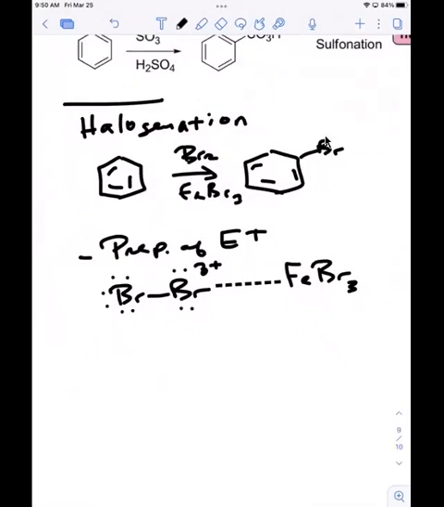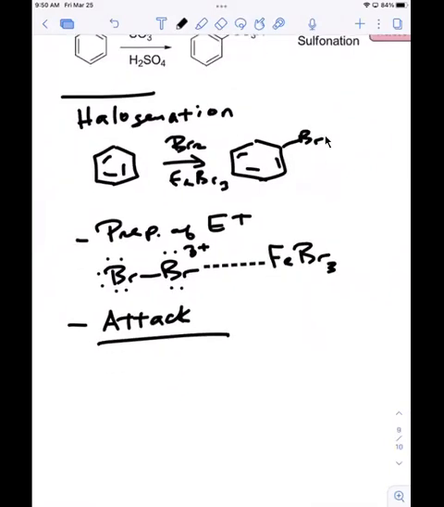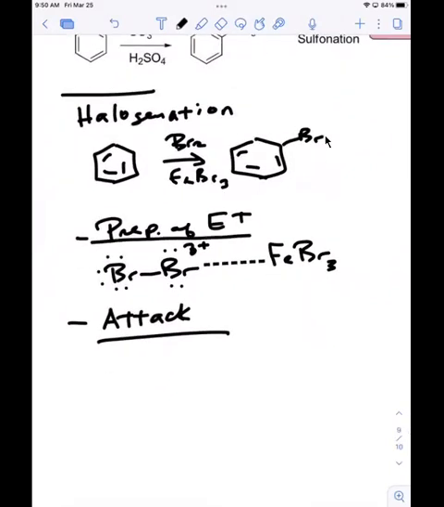Right? So now in the second step, that's when the ring attacks. So we prepare the electrophile. All these reactions follow the same path. Prepare the electrophile first, attack with the ring, and then reestablish aromaticity.